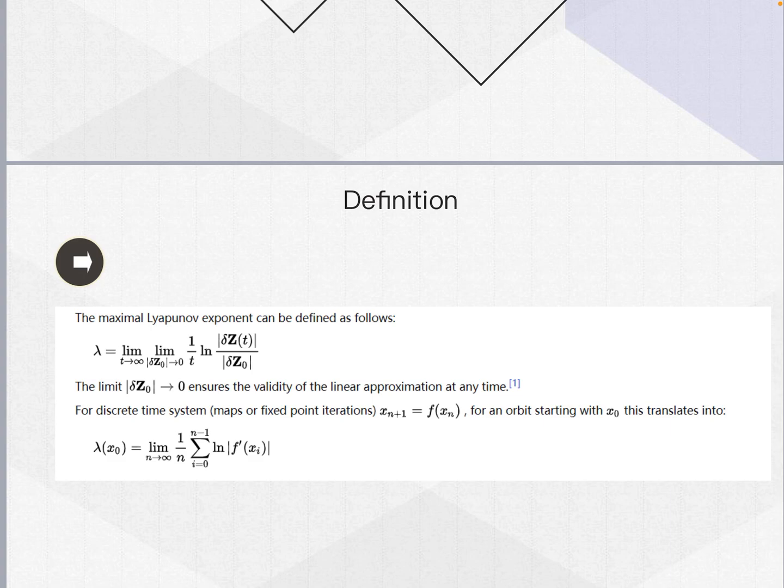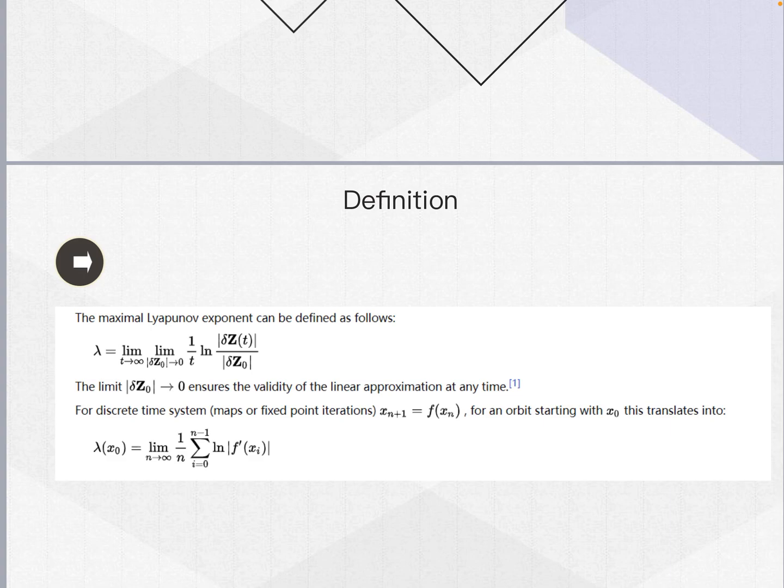Quantitatively, two trajectories in phase space with initial separation vector diverge at a rate given by |δZ(t)| ≈ e^(λt)|δZ(0)|, where λ is the exponent.